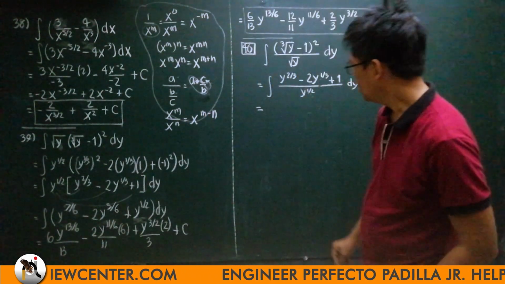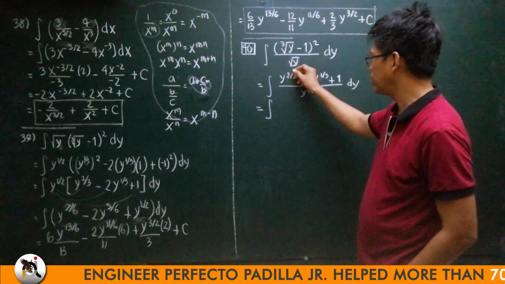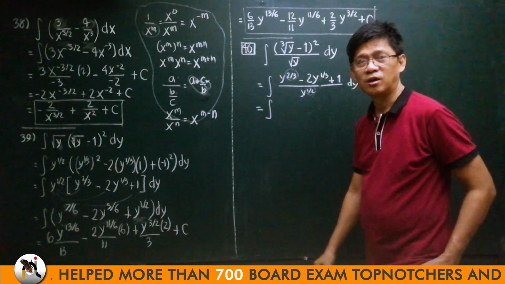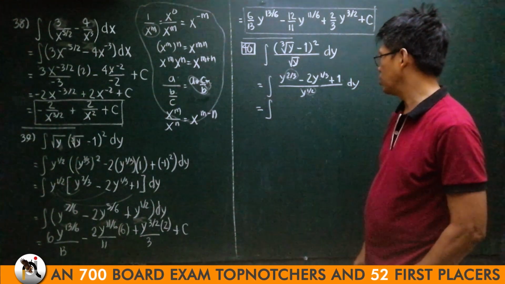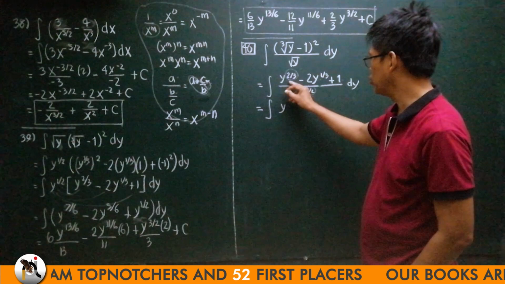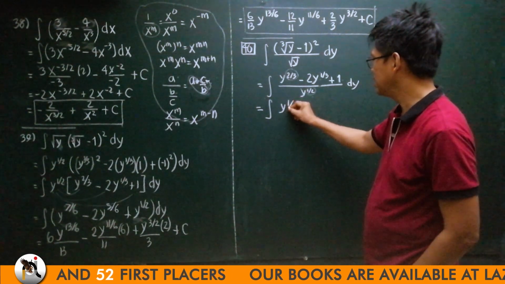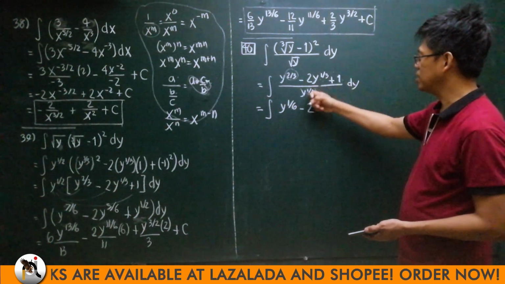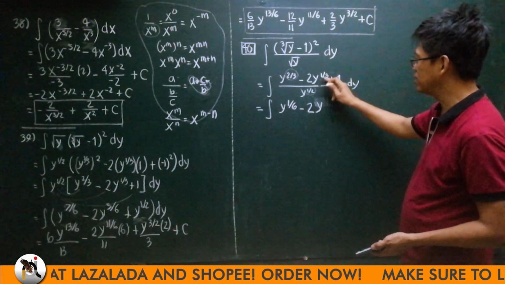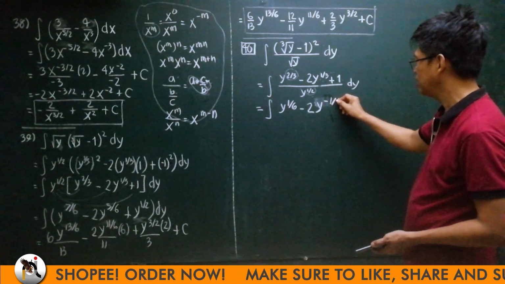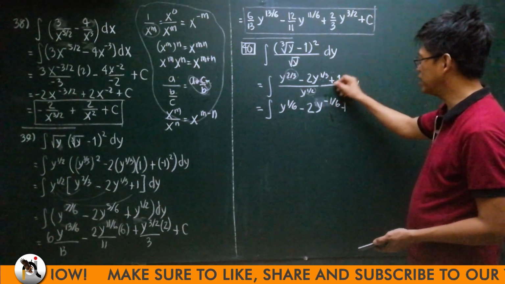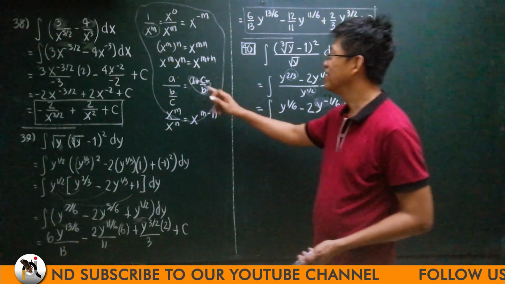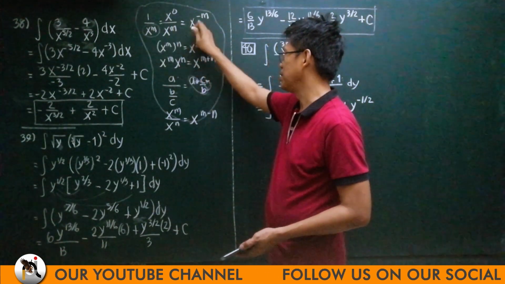So this is going to be the integral of y to the 2/3 over y to the 1/2, 2/3 minus 1/2, so y to the 1/6, minus 2 y to the 1/3 over y to the 1/2, y to the 1/3 minus 1/2, that is minus 1/6, plus 1 over y to the 1/2 is the same as y to the minus 1/2, right? 1 over x to the m is the same as x to the minus m.